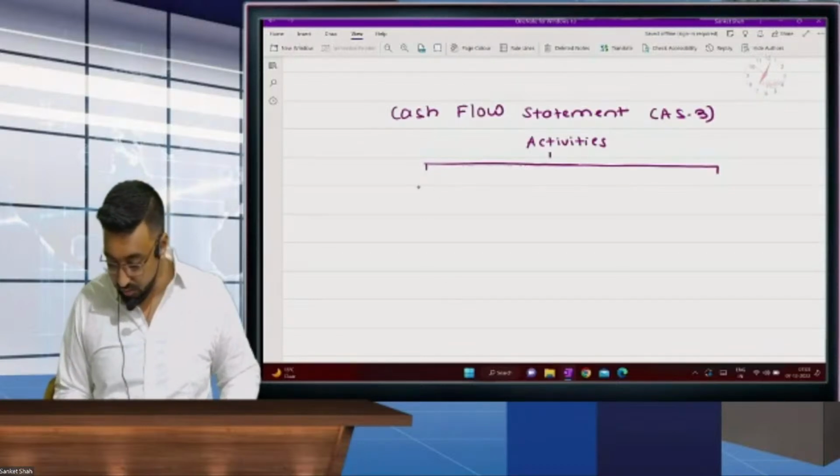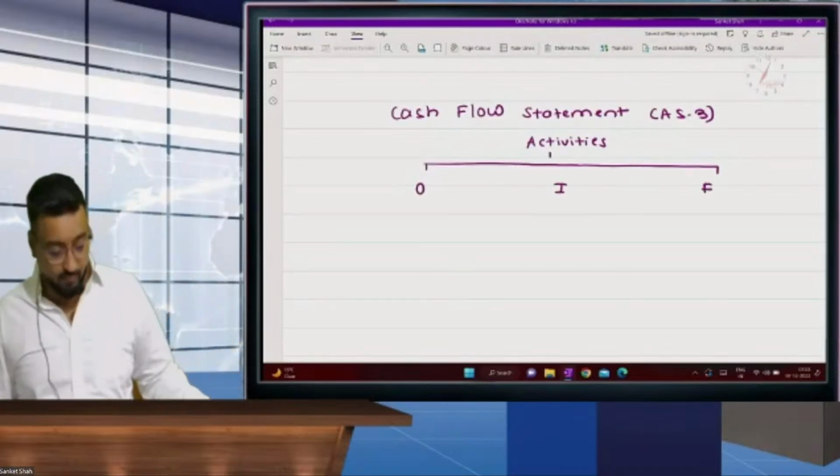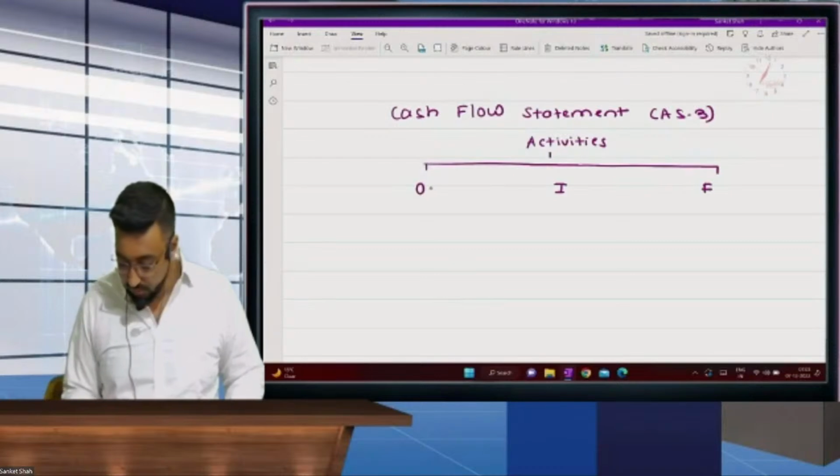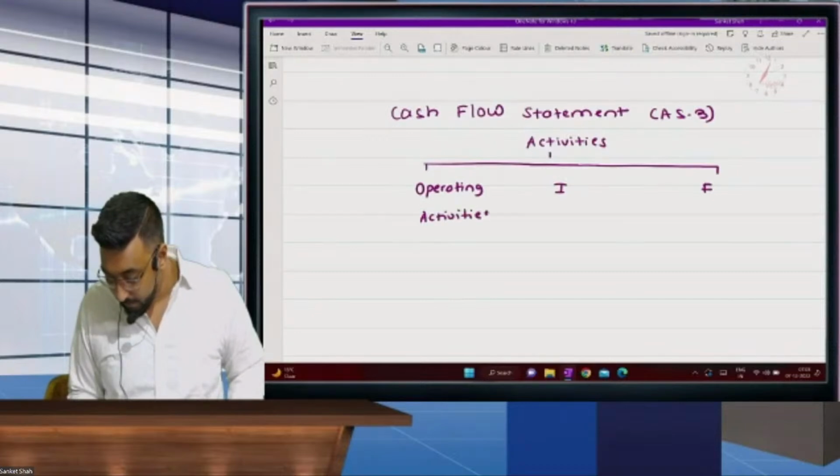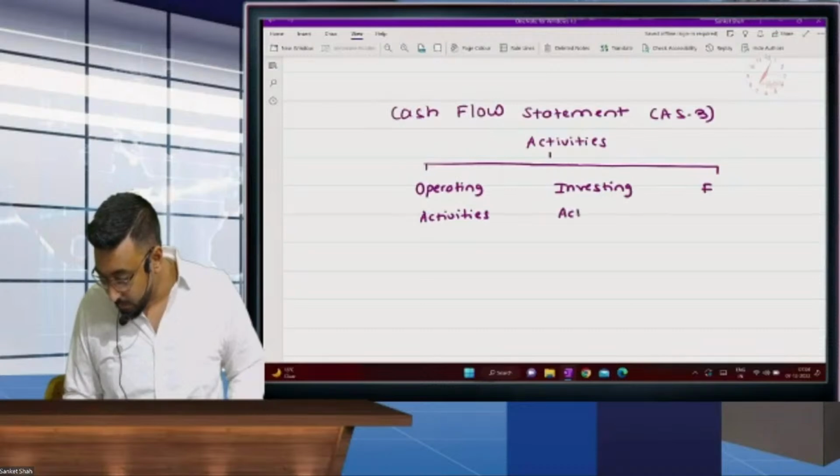So this is OIF. Remember OIF: operating activities, investing activities, and last one is the financing activities.